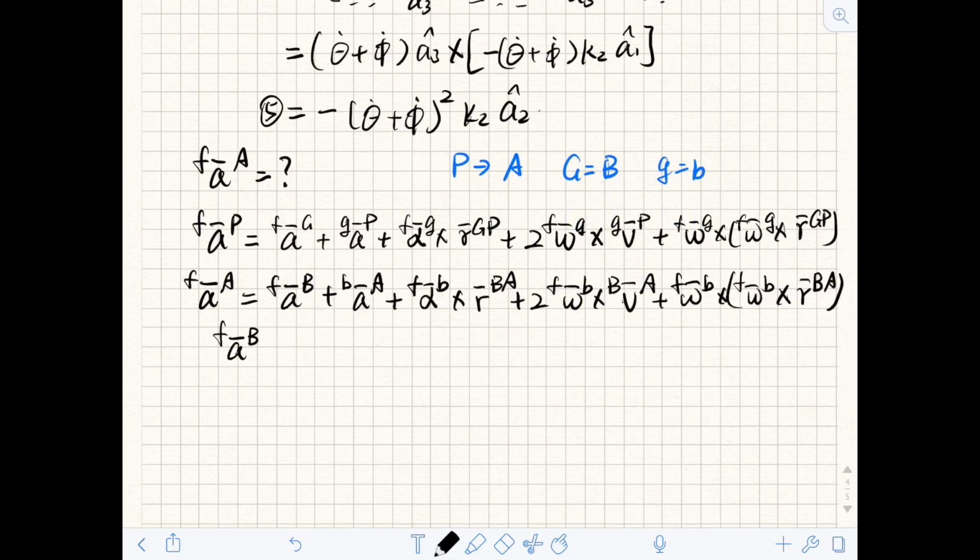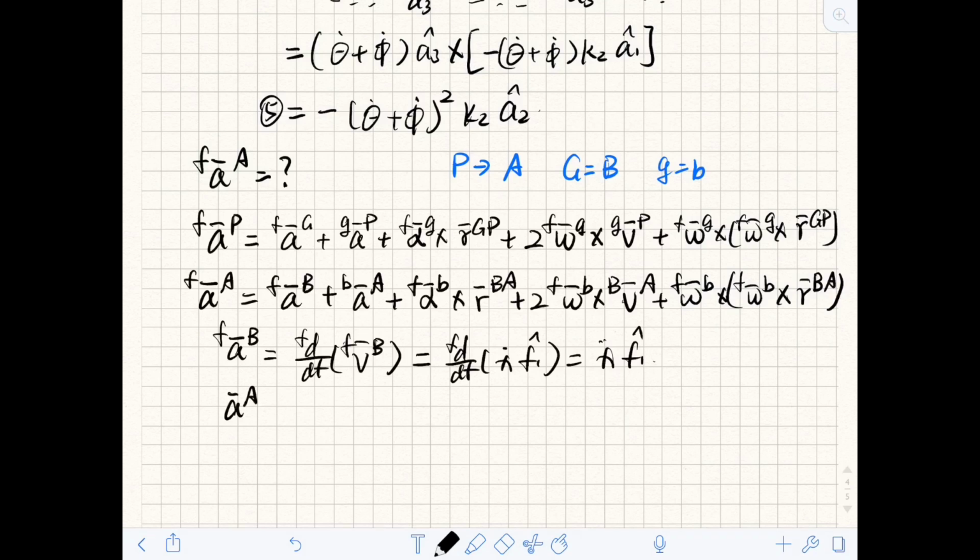The acceleration of point B in F is the derivative of the velocity of B in F. From earlier, we know the velocity of B in F is x dot F1. So we have x double dot F1. Now the acceleration of point A in B is the derivative of the velocity of point A in B. As found earlier, the velocity of point A in B is 0.